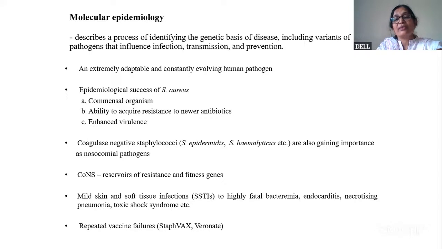That is Staphylococcus epidermidis and hemolyticus. They are implicated in mild skin and soft tissue infections to highly fatal bacteremia and endocarditis, etc. And also toxic shock syndrome. And there is a repeated vaccine failure for staphylococci because it's changing very often.